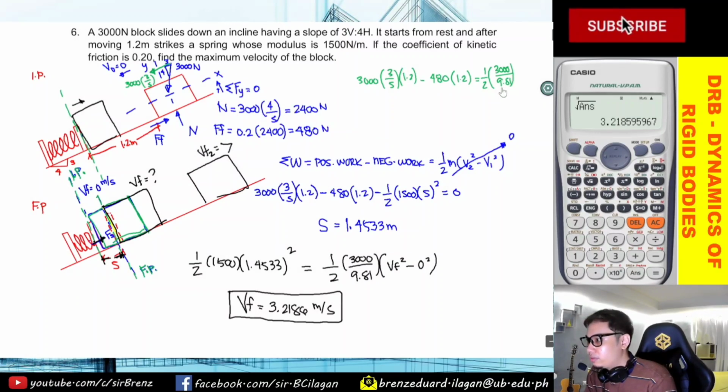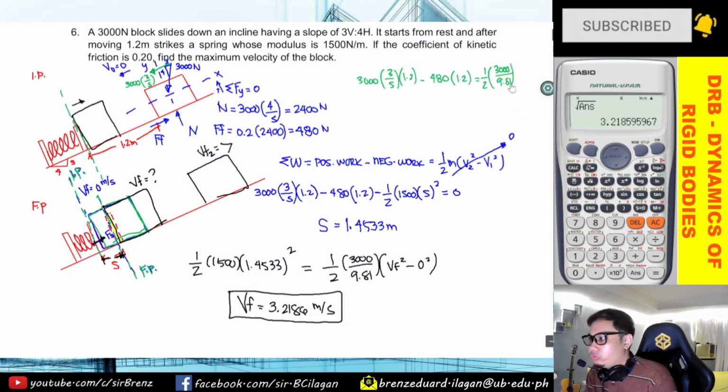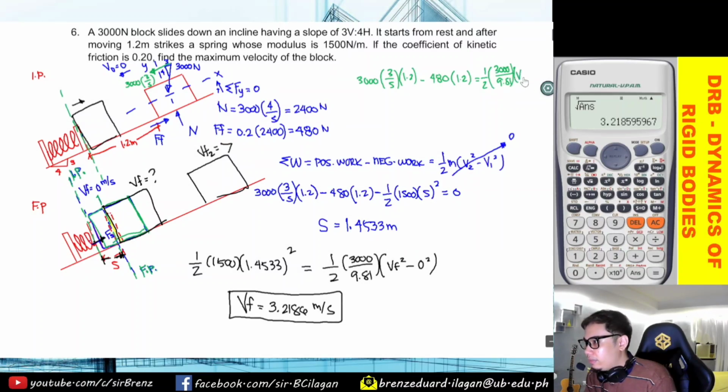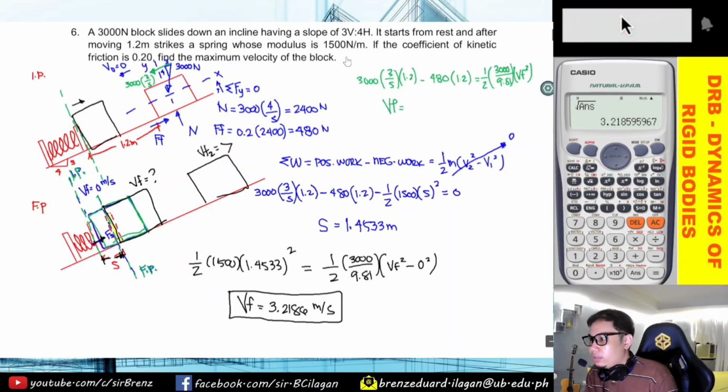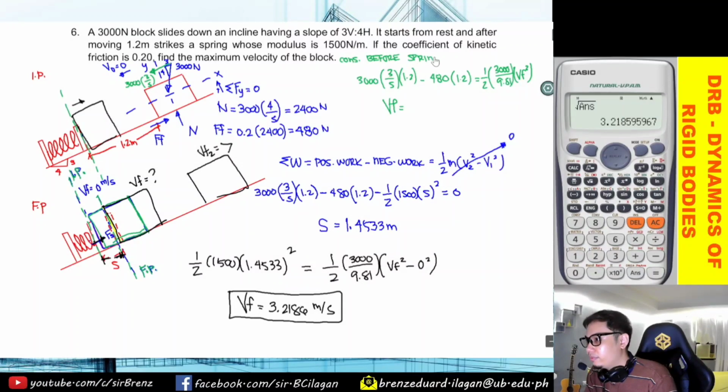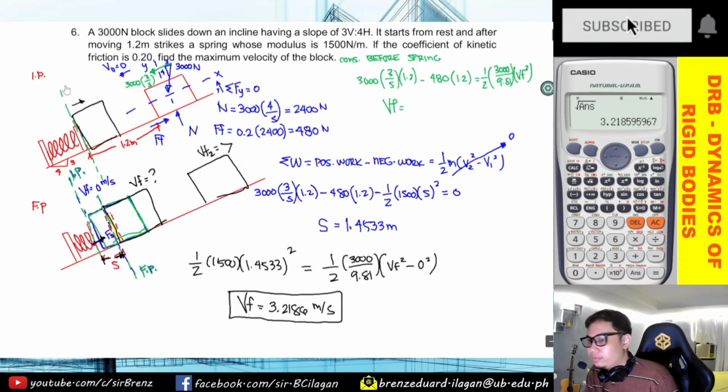Kita pa ba sa OBS to? Kita pa. So final velocity, VF squared na lang to. So ito, considering before tumama doon sa spring. So before spring. Ayan. Or gawin natin ito. Ito yung before spring. Check lang natin.